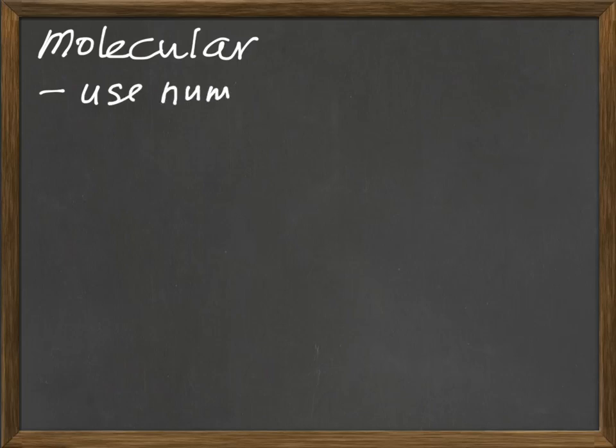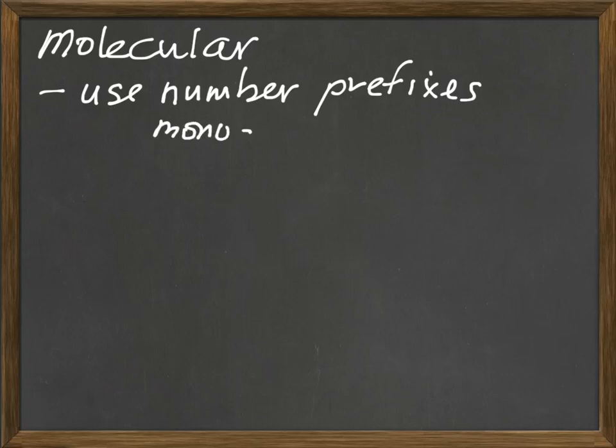So molecular compounds. This is where we get to use the prefixes. So that's the mono, di, tri, etc. And you use the prefix to tell how many of each of those you have.